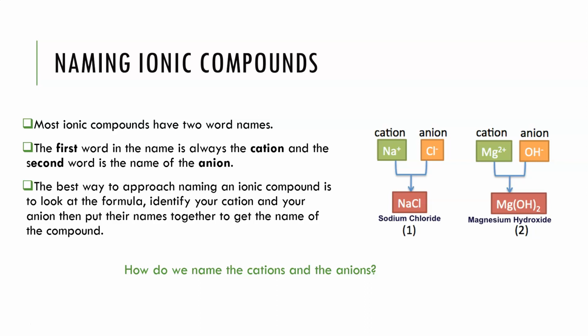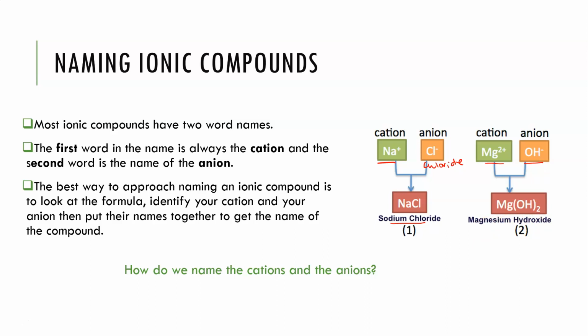You identify your cation and your anion, then put the names together to get the name of the compound. So in this case, the name of the cation is sodium and the name of the anion is chloride. I bring those together and I get sodium chloride. Magnesium hydroxide. So I've got magnesium hydroxide as my name.